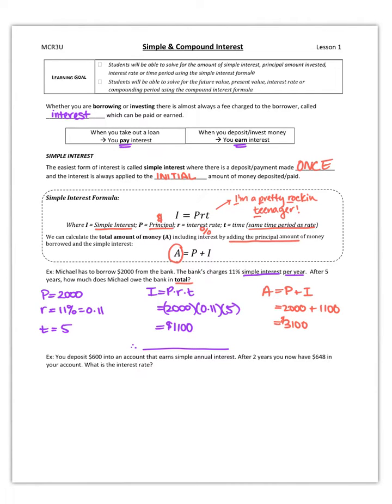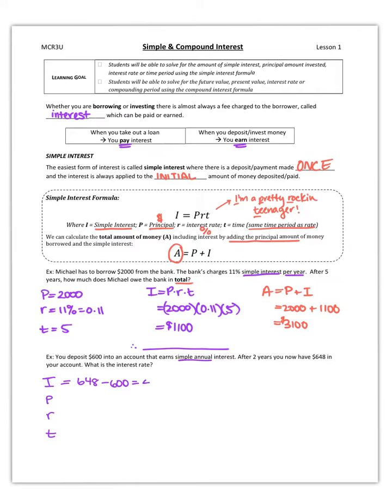Now, in our next question, you deposit $600 into an account that earns, again, simple interest. After 2 years, you now have $648 in your account. What is your interest rate? So we have to be careful here when we set up our values. The interest that we made is actually the difference between what is in the account.